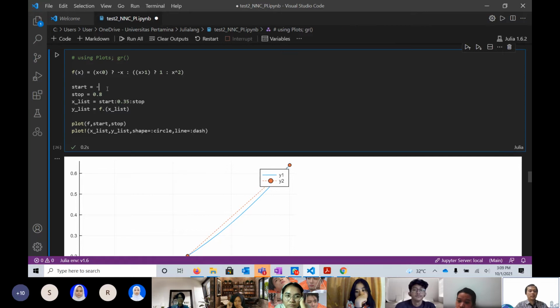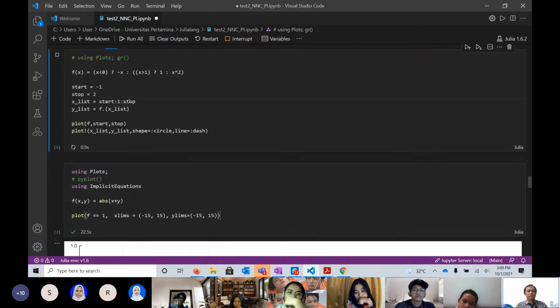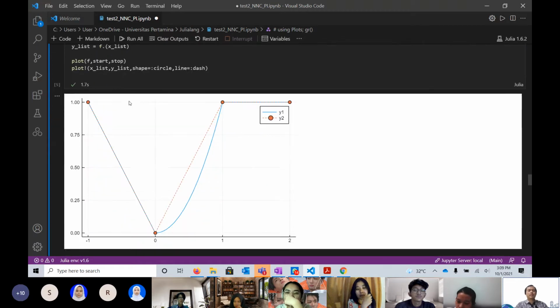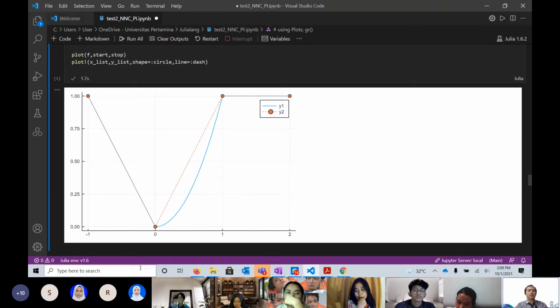We see here that on the left side, before 0, the function is always decreasing, and between 0 and 1, the value of the function is always increasing.